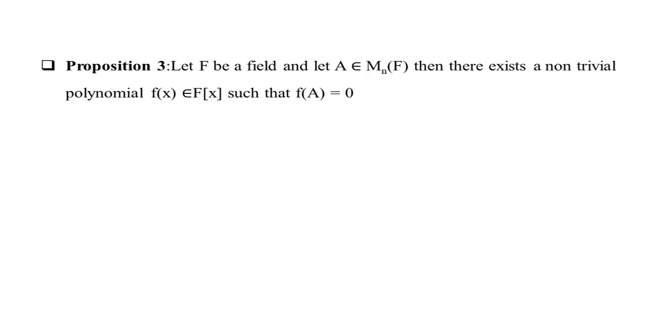Here Mn of F means the vector space of all matrices of order n over the field F, and F of x means the vector space of all polynomials over the field F. We have to show that if f of x is a polynomial and we put x equal to the matrix A, then we will get the zero matrix. That is what we have to prove. So now, the proof.